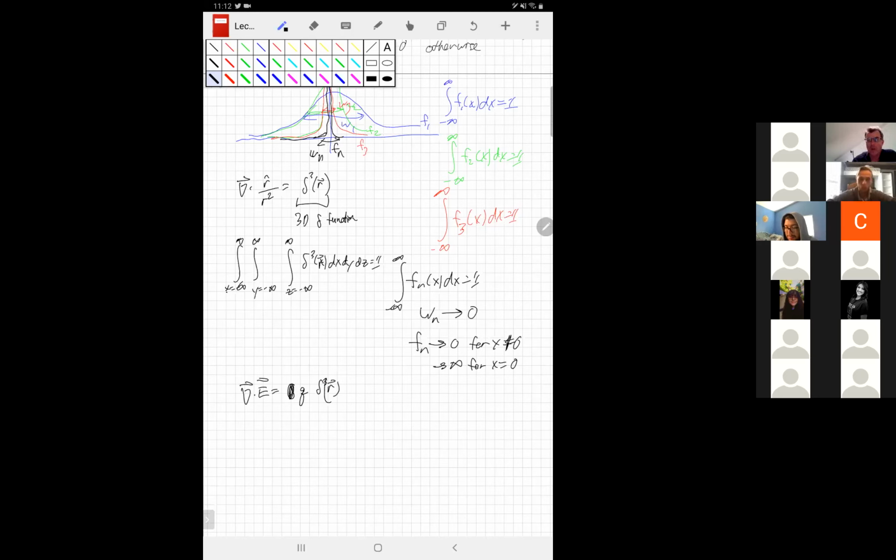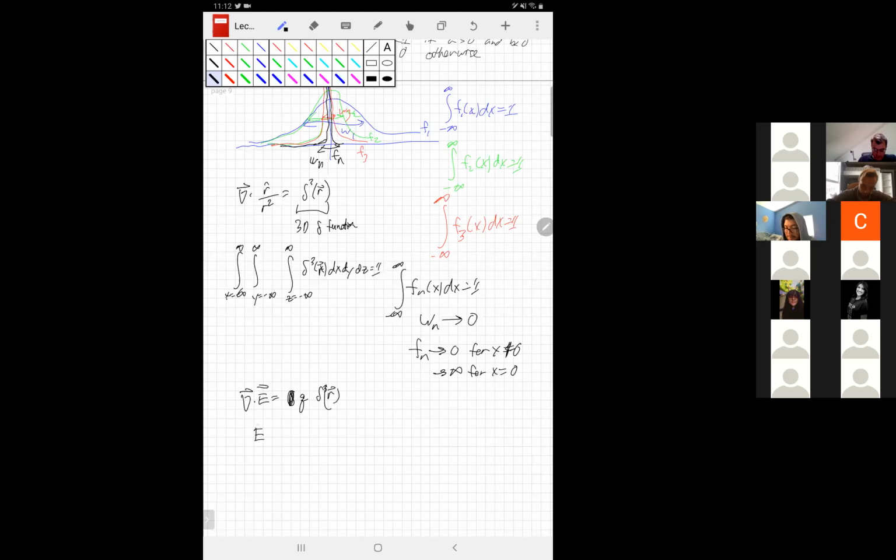I should get Q, where Q is whatever that charge is. Q might be +1, might be -1, might be -1/3, might be 1.6 times 10 to the minus 19 coulombs for an electron, whatever. Sorry, that would be a positron. It would be -1.6 times 10 to the minus 19 for an electron, but you know what I mean.